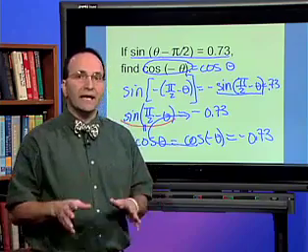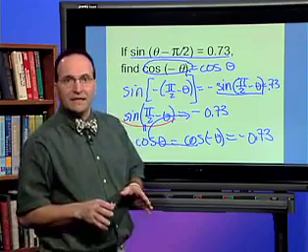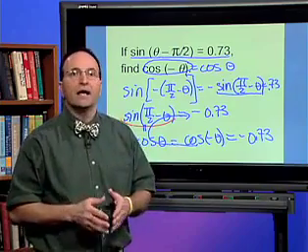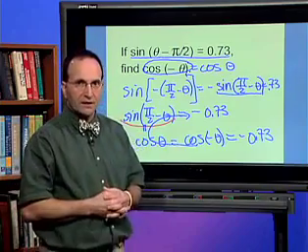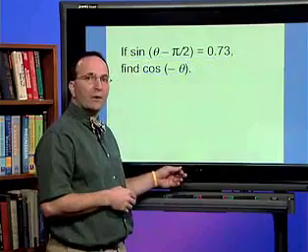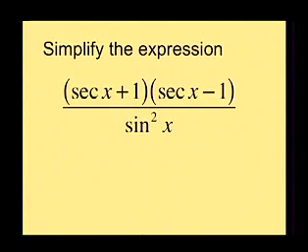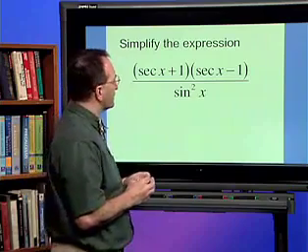Now, as I said at the beginning, we often use identities along with algebraic techniques to simplify trigonometric expressions. Let's work some examples of where we'll do that. We want to simplify the expression quantity secant x plus 1 times quantity secant x minus 1, all divided by sine squared x.